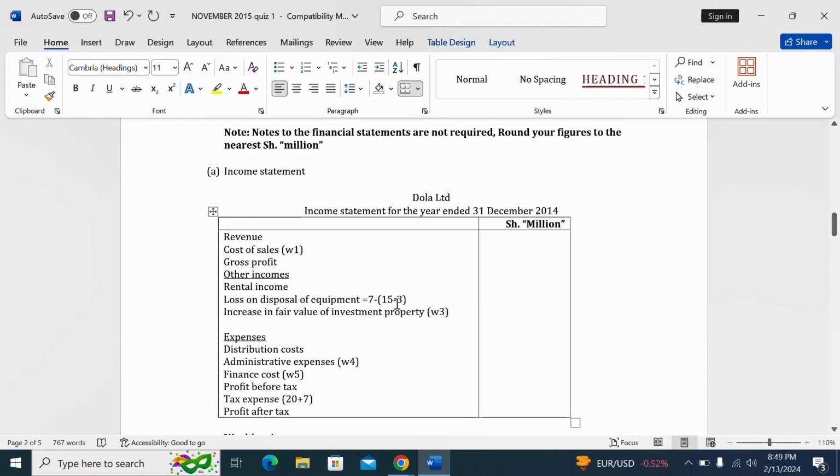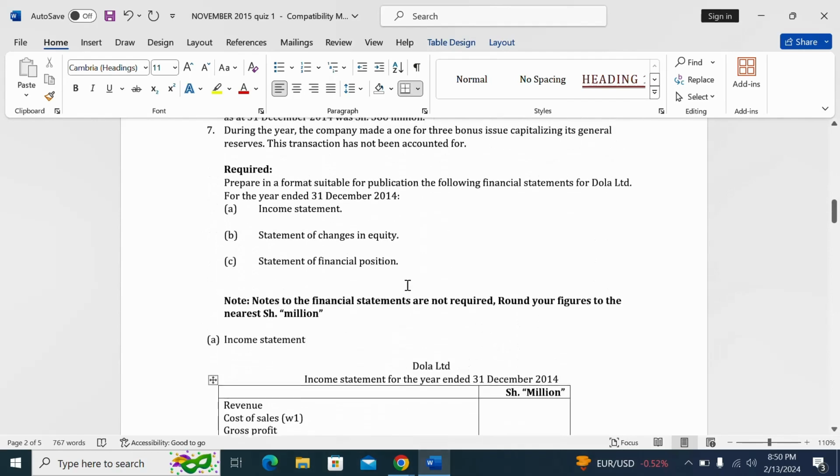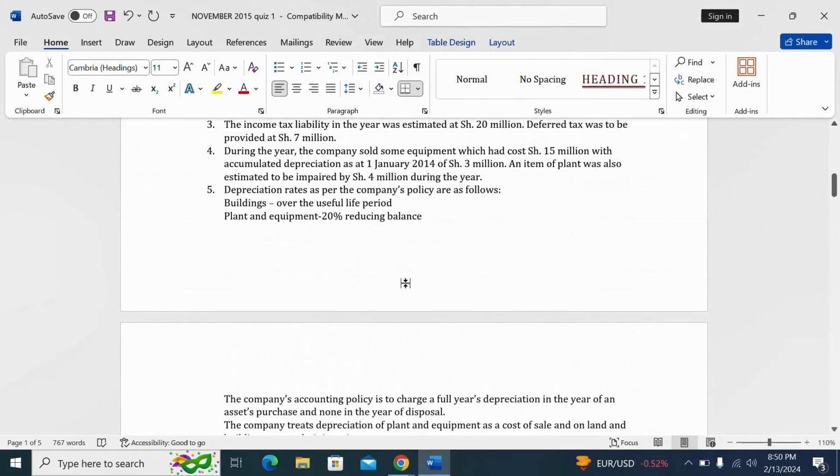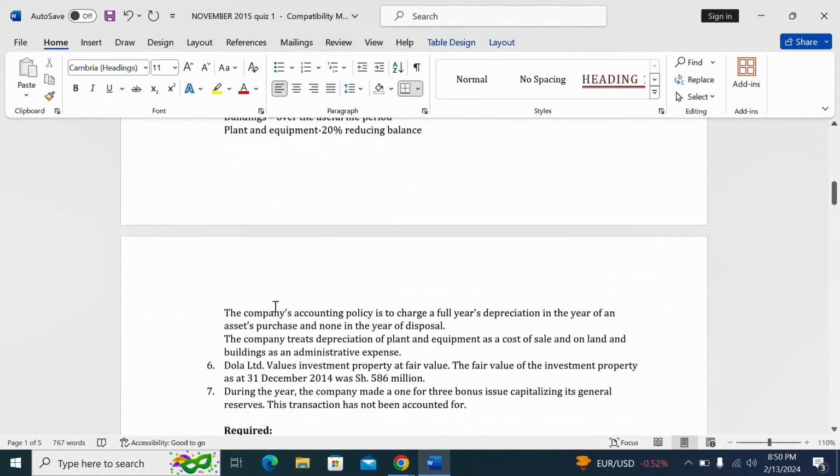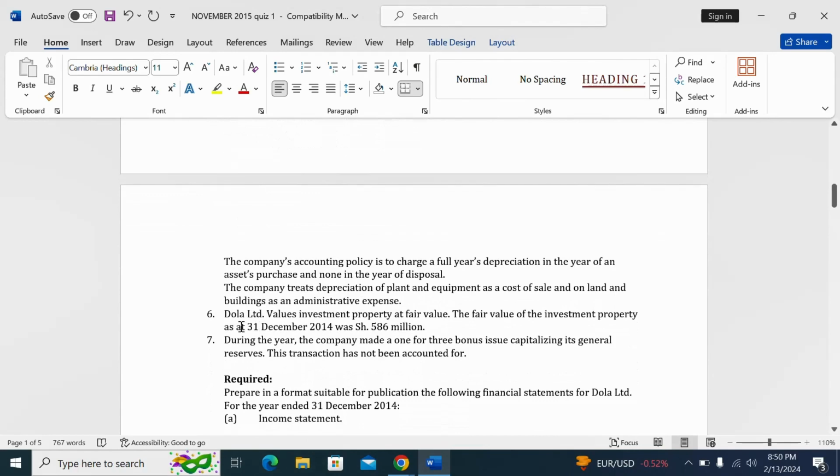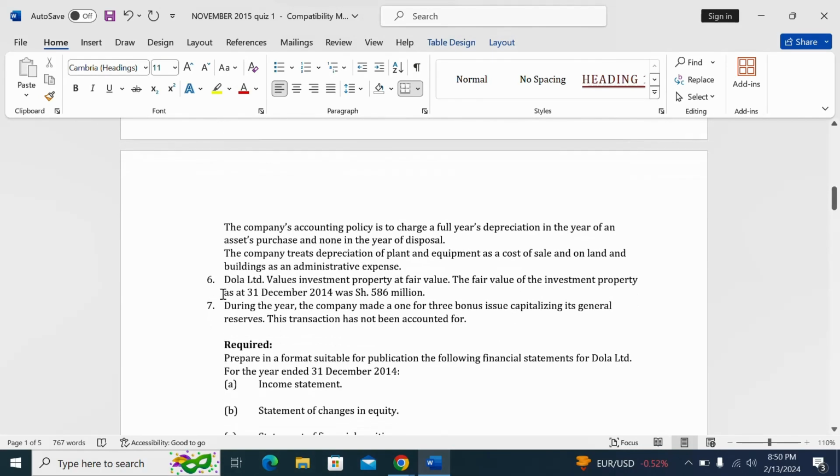That's 15 minus 3, 12; 7 minus 12, you're getting a loss of 5 million. I think as far as the income statement is concerned, we are done with this additional information number 4 and also number 5. Therefore, we go to additional information number 6.